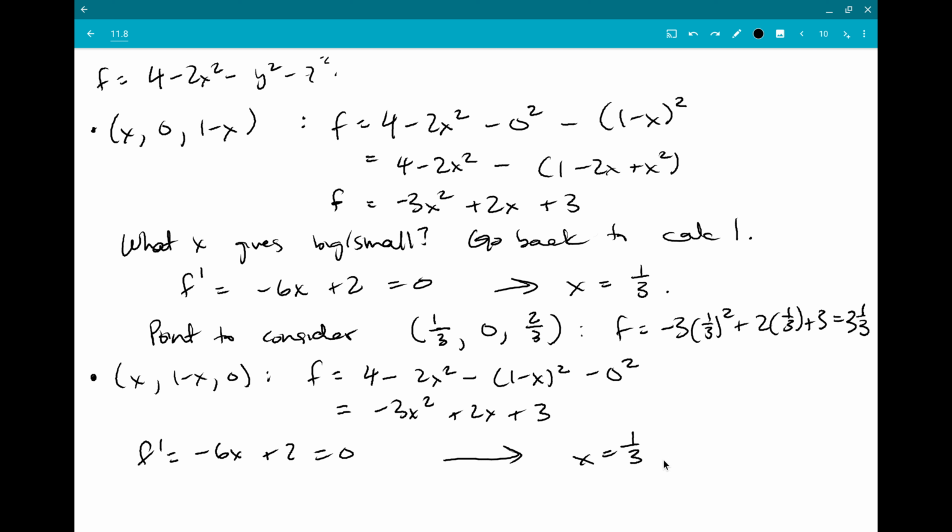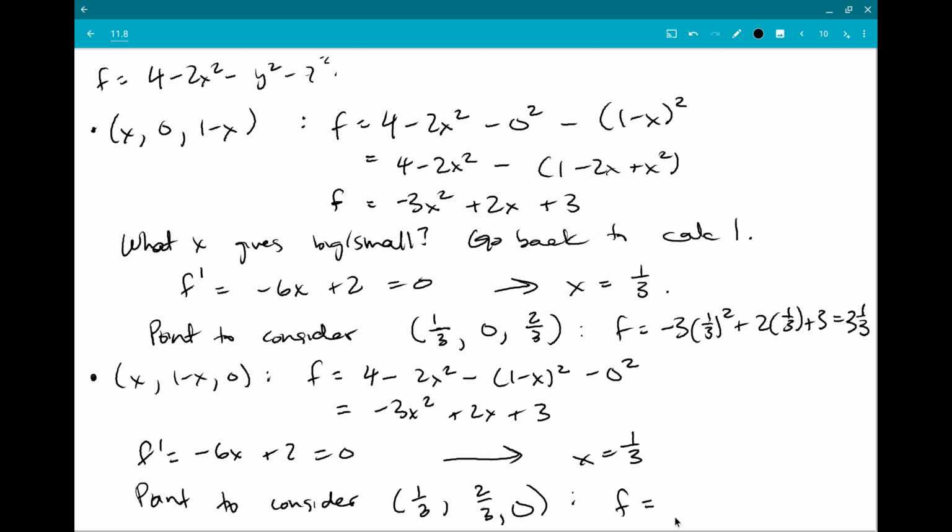It's just now the point to consider before was x0, 1 minus x, became 1/3, 0, 2/3. Now it's x, 1 minus x0, so that's 1/3, 2/3, 0.